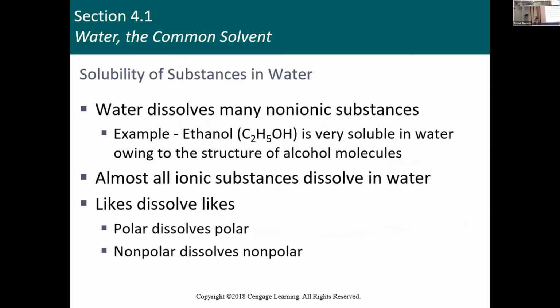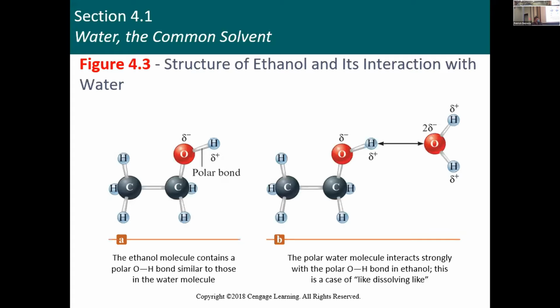Then you have things that we call non-electrolytes, which we're going to see all the terms in a minute. But you could also have a dissolution of compounds that don't dissociate into ions. Things like that are going to be sugar, and ethanol is a good example of that. So here's the structure of ethanol. You have a CH3, you have a CH2, and then you have an OH, which is very polar.